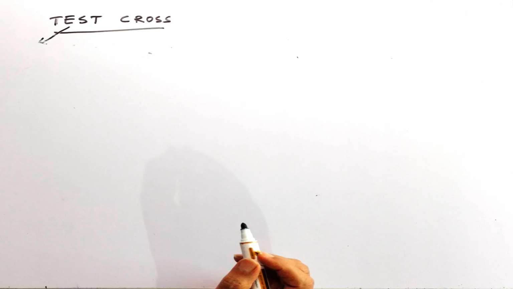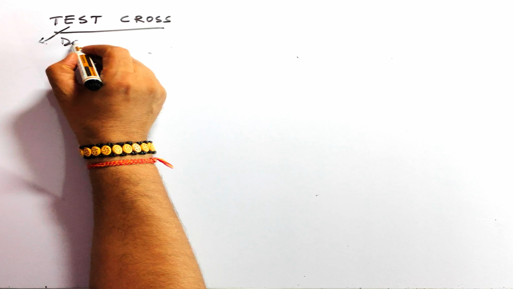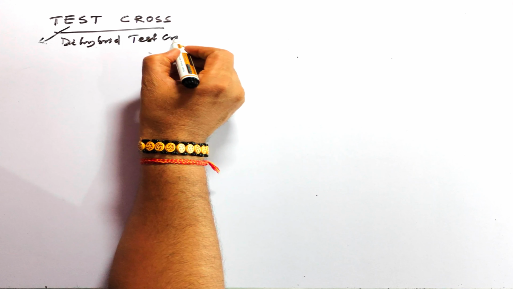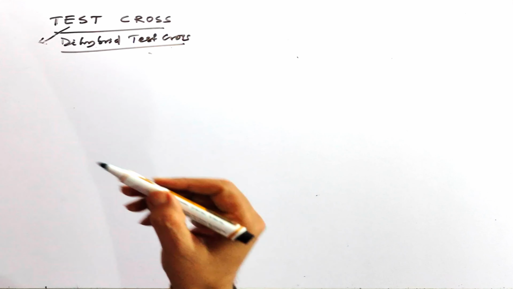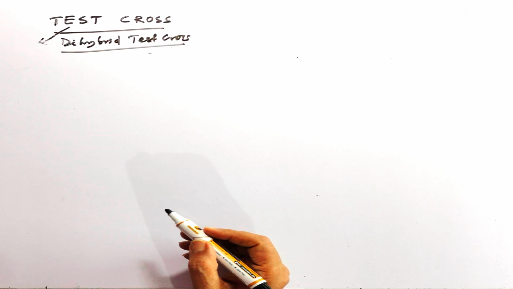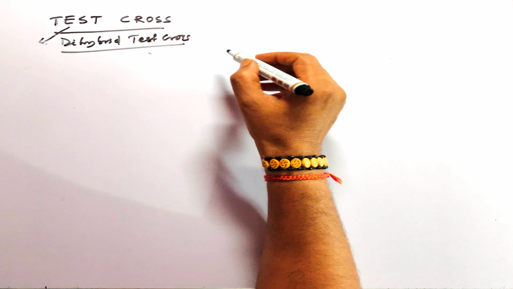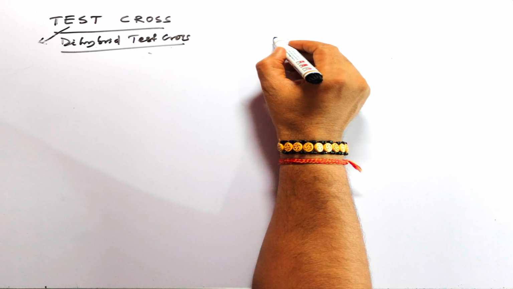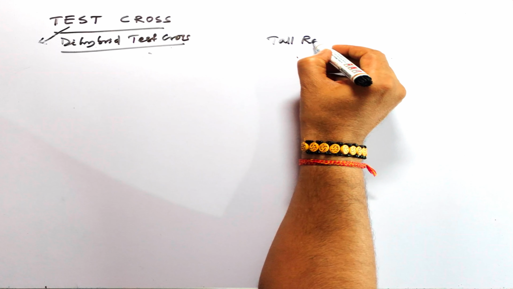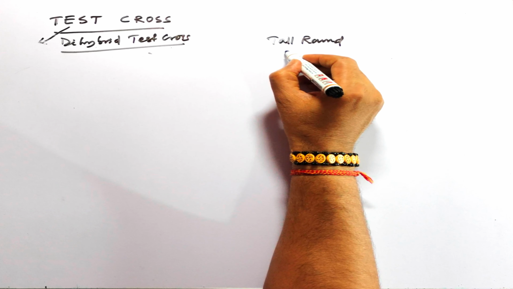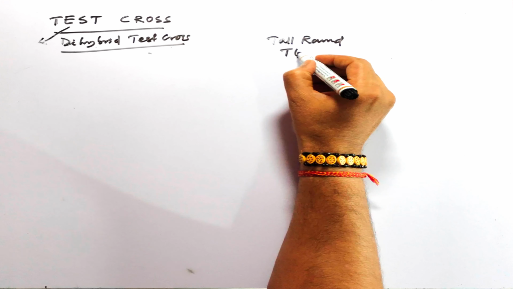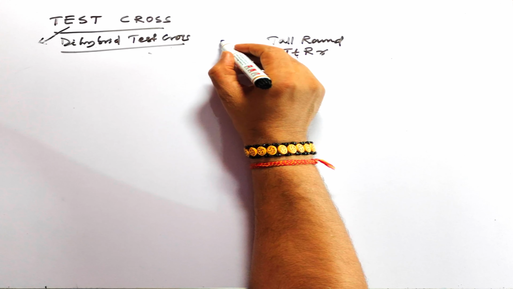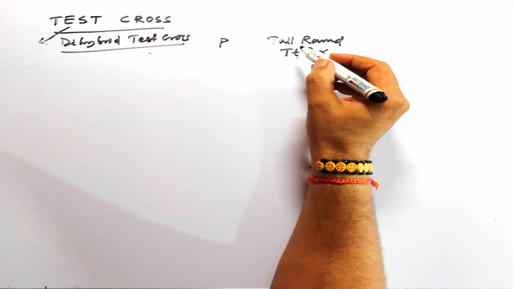Dihybrid test cross. Similar to the monohybrid test cross, we can take here the F1, that is tall, round, and we are going to test whether this F1 is hybrid or pure tall.